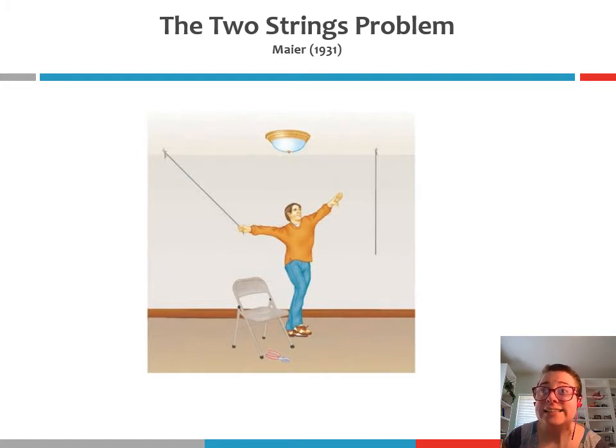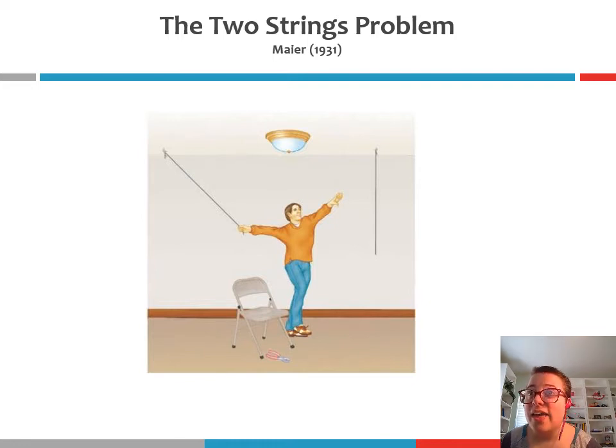First, 60% of participants who are given this problem did not solve it effectively. And the reason is because they're too focused on the typical function of pliers, which is to grab things and twist them rather than functioning as a weight.